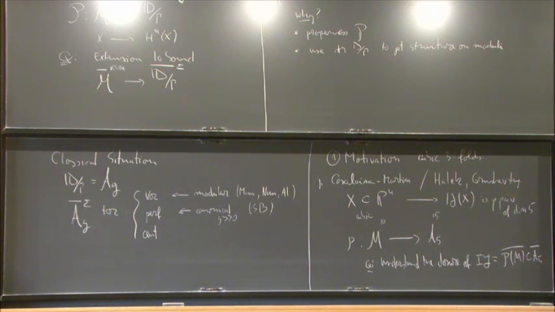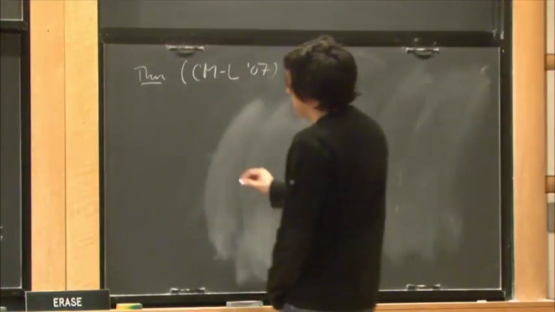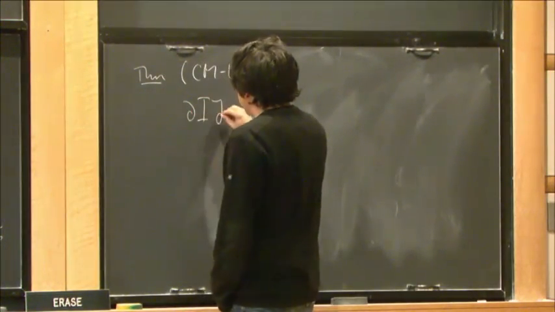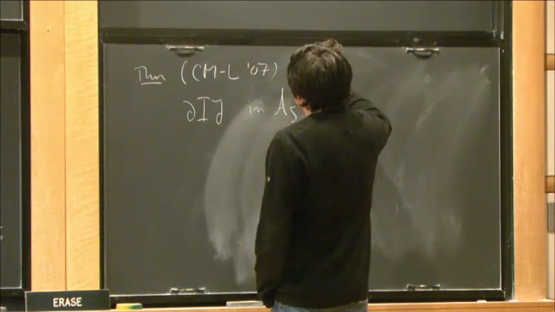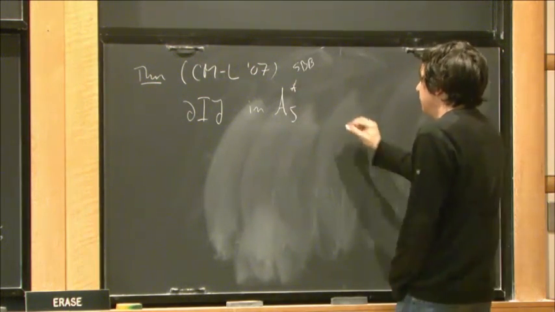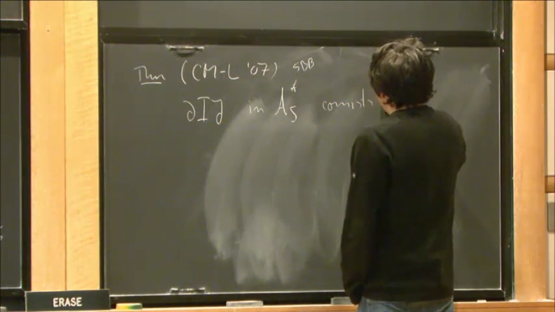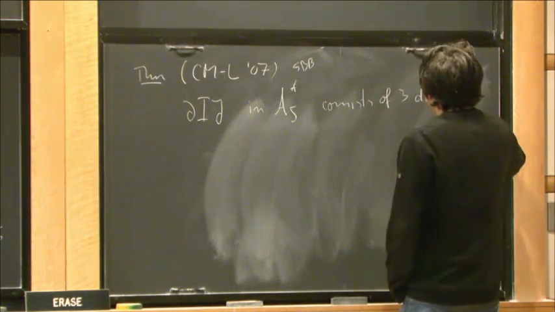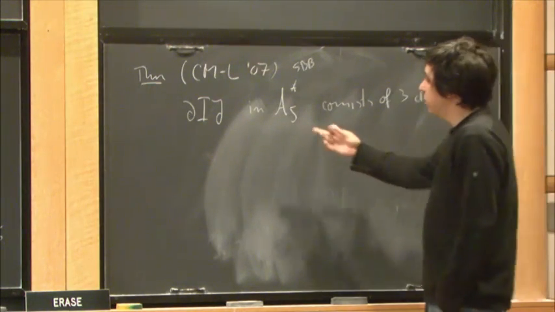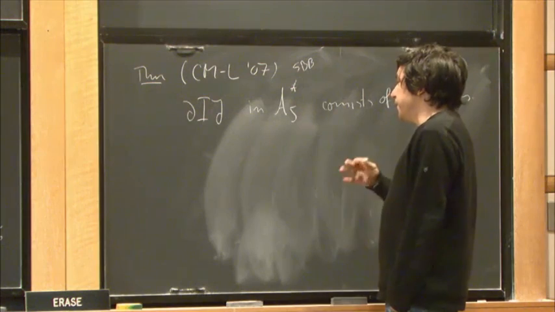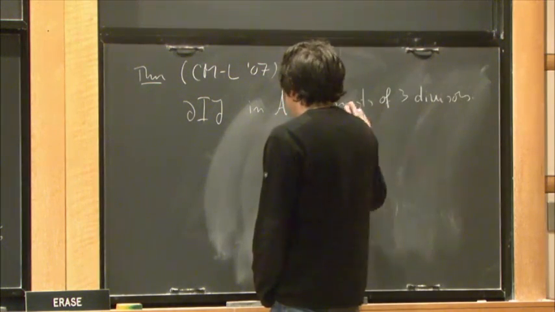We have a theorem from a couple of years ago, Casalaina-Martin and myself in '07, I think, which says the following. The boundary of the intermediate Jacobian locus in the Satake compactification, the Satake-Baily-Borel compactification, consists of 3 divisors.